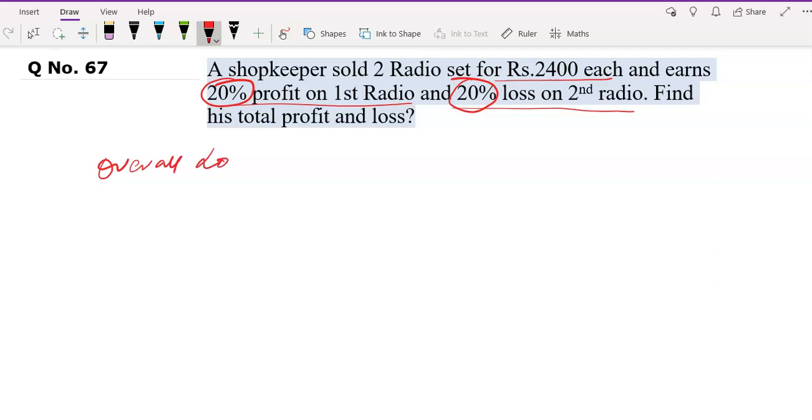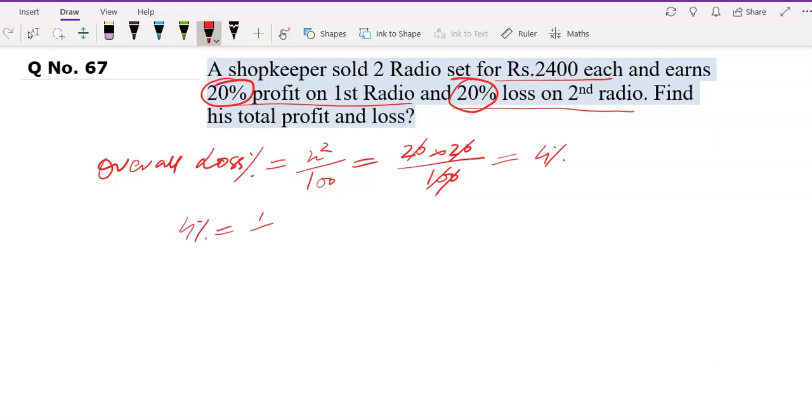So we can use the formula overall loss percent is equal to x square upon 100. Our x is how much? 20%. So 20 into 20 upon 100. So our loss is how much? 4%. So 4% in fraction, we know it's 1 by 25.